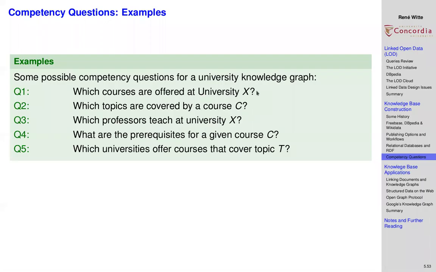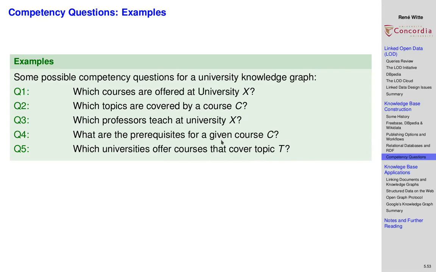So here's a variable. For example, which courses are offered at Concordia University, or which courses are offered at McGill, and so on. Then another question could be which topics are covered by a course, which professors teach at a university, what are the prerequisites for a given course, and which universities offer courses that cover a topic X, like the topic machine learning or knowledge graphs.